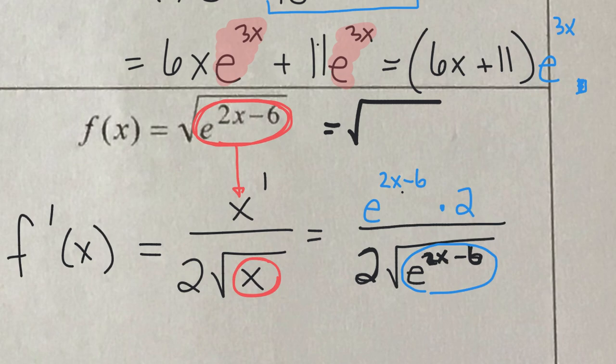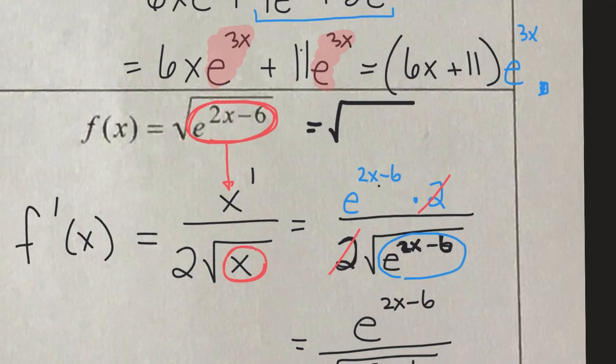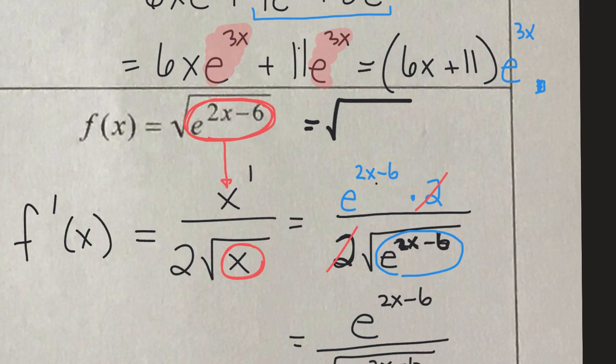Oh, guess what we can simplify? The 2 and the 2 divide to give us a 1. That's very nice. So we have e to the 2x minus 6 in the numerator and the square root of e to the 2x minus 6 in the denominator. And I am perfectly happy with leaving it just like that.